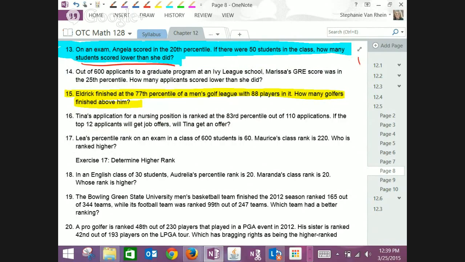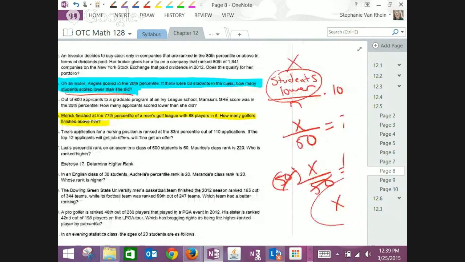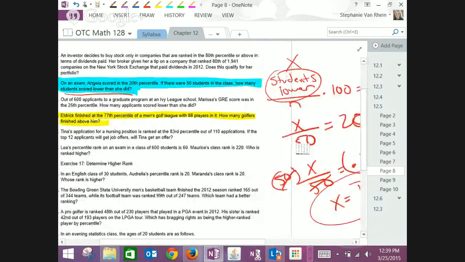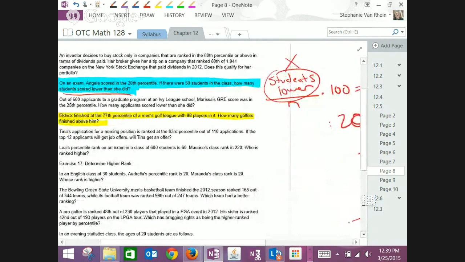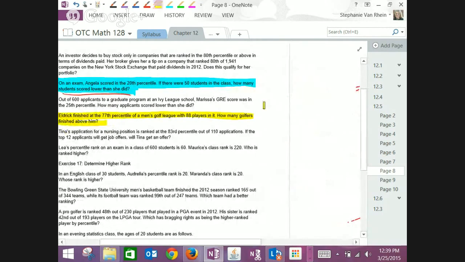That would be true rank, right? If we set it up the same way we did above, we have X over 88 equals 0.77. This X is how many are lower.